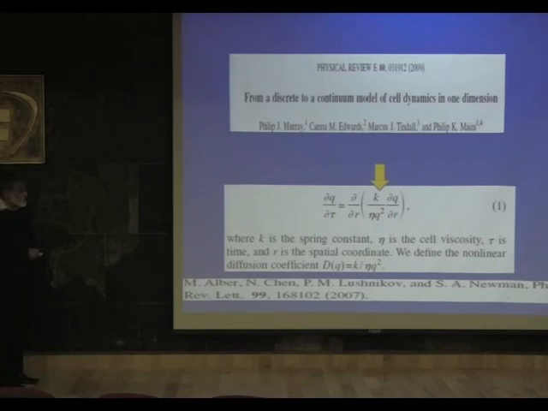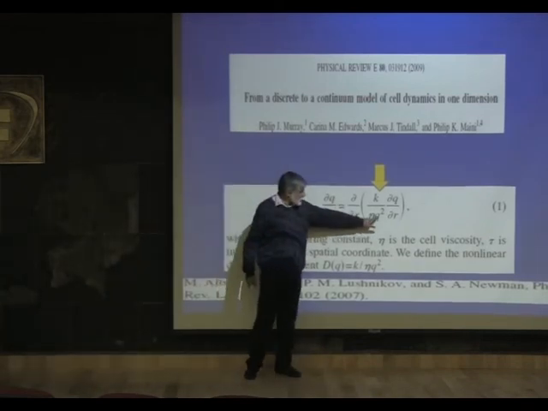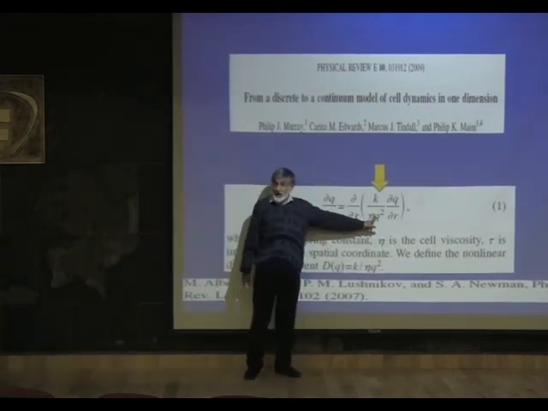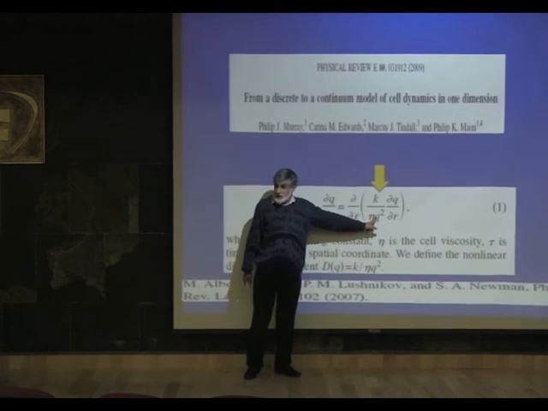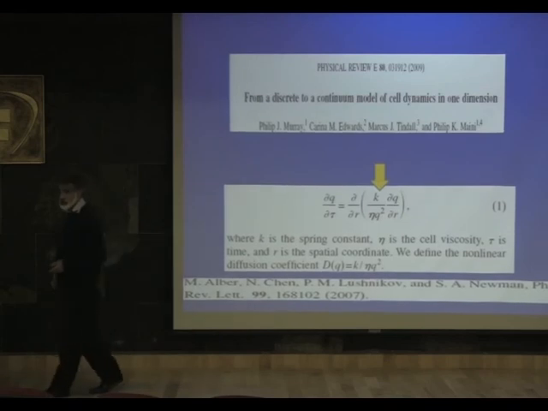Okay. Now, while we were doing this, unknown to us, Mark Alber and his group were doing the same thing for the Potts model, for the model where you move due to a Hamiltonian. And they ended up getting the same equation, except this was not a q squared, it was a 1 minus q squared. So now for the first time, we can compare these different models.